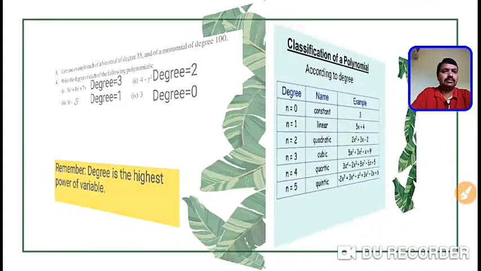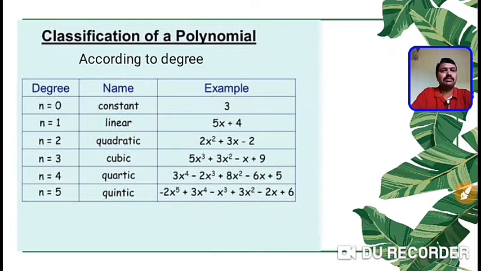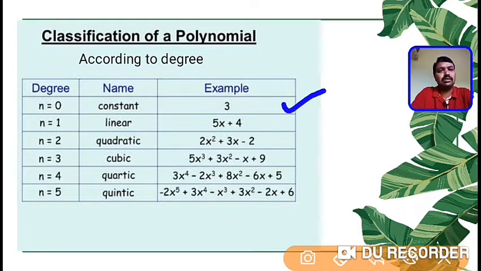Next we have the classification of polynomials according to their degree. Now see, what are the types of polynomial according to their degree? First of all, I told you already, if the degree is 0, the polynomial will be called a constant polynomial. If the degree is 1, the polynomial will be called a linear polynomial. If the degree is 2, it will be called a quadratic polynomial.